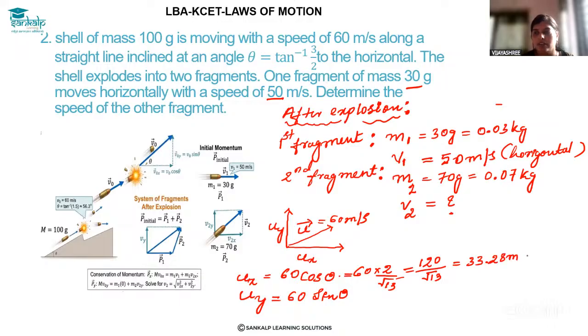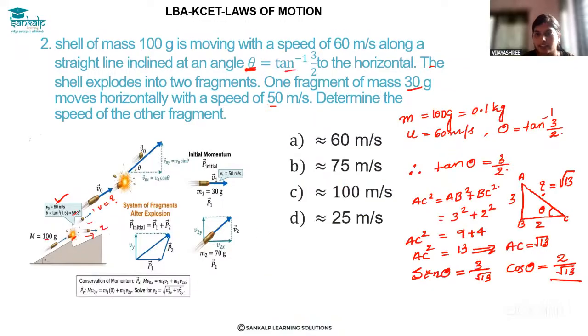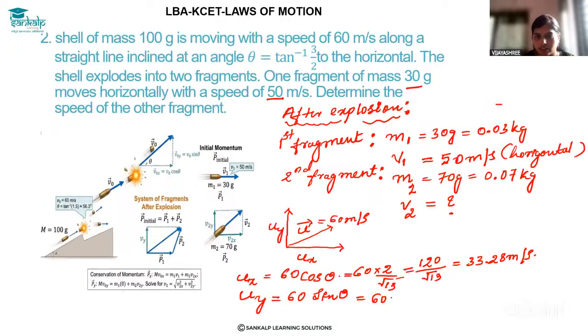33.28 meter per second. Okay, so vertical component: 60 into sin theta. How much is that? 3 by root 13. So which is equal to 60 into 3, that is 180 divided by root 13.